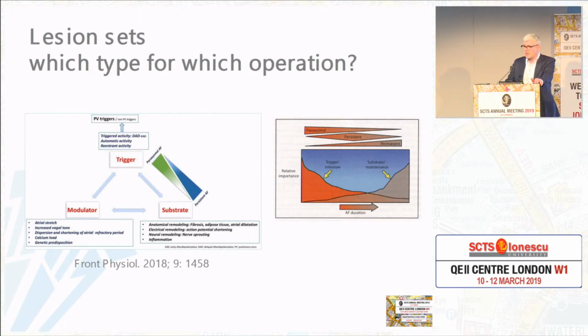This is a very nice paper by Hezegier, which came out last year, describing the relation between triggers, pulmonary vein triggers, automatic triggers, reentrant triggers, modulators like atrial stretch and volume in the left atrium, and then the upcoming of substrate. And this describes how paroxysmal AFib can become persistent in the long run.